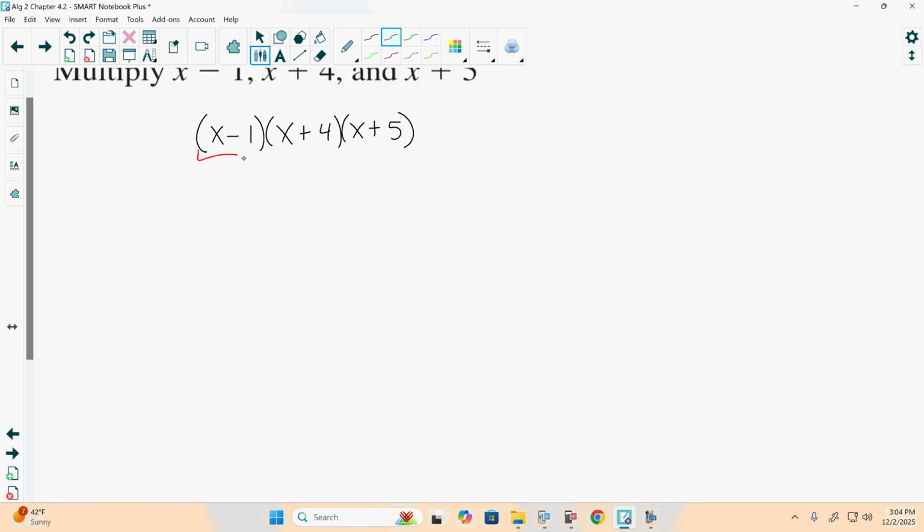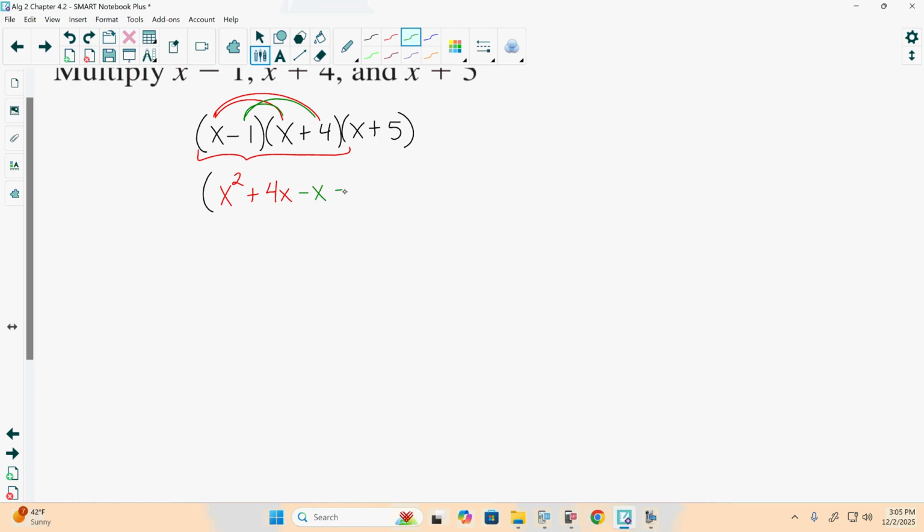What I'm going to multiply first is the x minus 1 and x plus 4. So we're going to distribute the x first. X times x is x squared. X times 4 is going to be plus 4x. Then we're going to do the same thing with negative 1. Negative 1 times x is negative x.